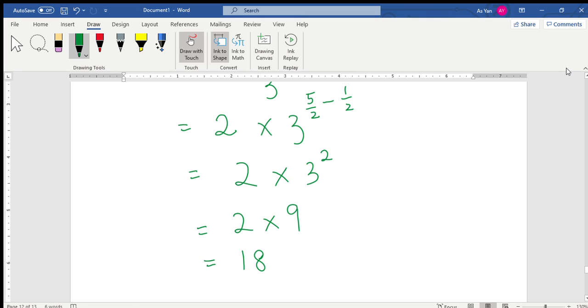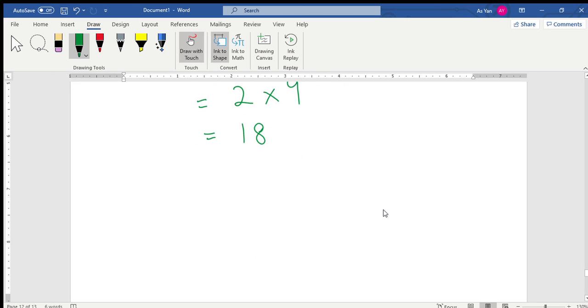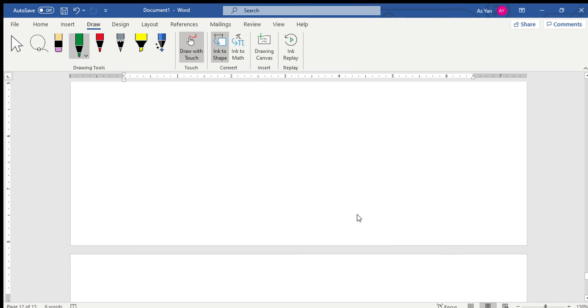Okay, so I stop here. Next, I will show you one example for you to solve on page 11 of your activity book by referring to your textbook, page 23.